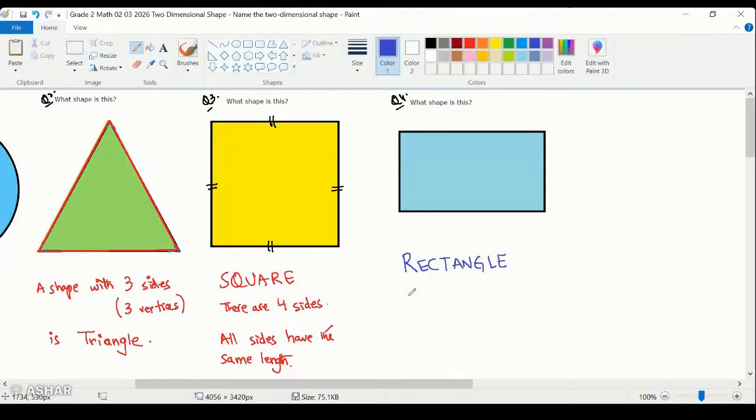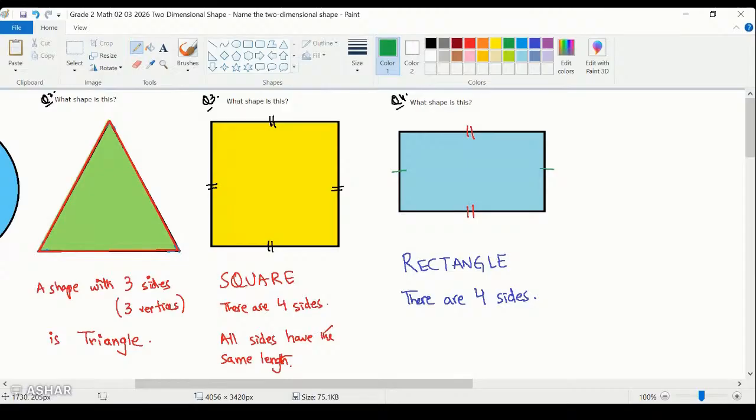Rectangle also has 4 sides. Perfect. The difference between a square and a rectangle is that 2 pairs of lines will have the same length, right? This side will have the same length as this side, right? Agreed?